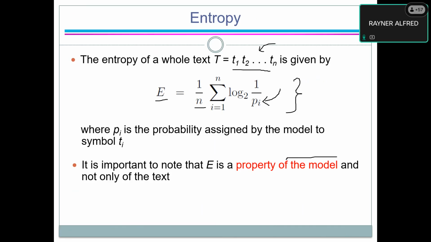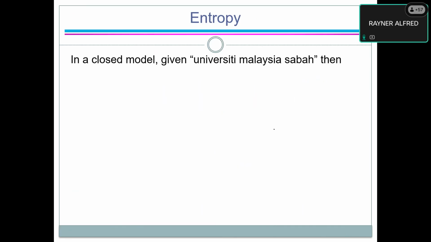Okay, so this is the model that we use. To show an example of how we apply the formula, let's suppose we have a closed model. A closed model means we are looking at this sentence only, so we look at the individual symbols that we have here.